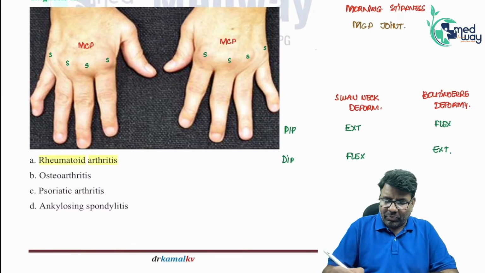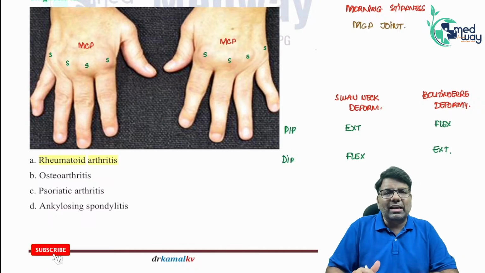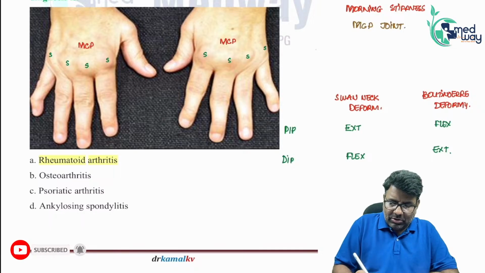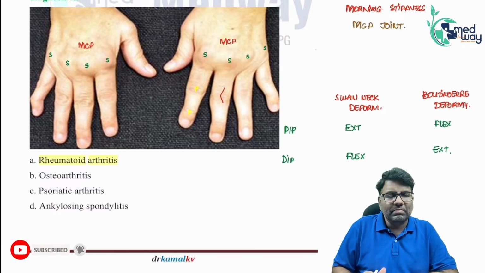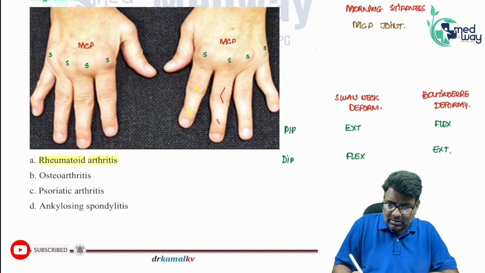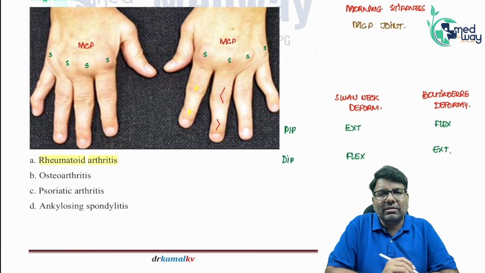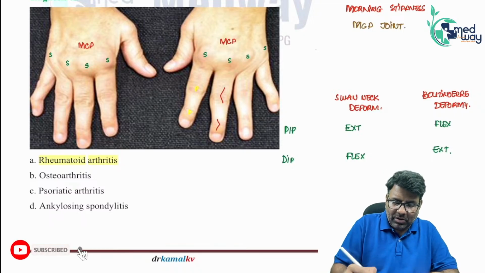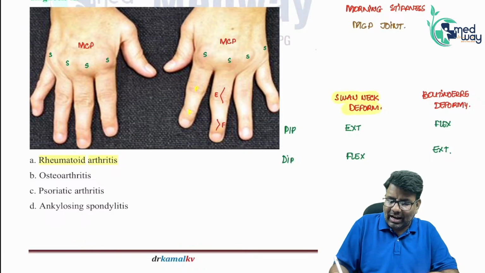So if we look into this particular clinical picture, let us see what is happening here, because this area is PIP and this area is DIP. What we can appreciate is there is extension or hyperextension at PIP and there is flexion at DIP. Taking these two together, this is extension, this is flexion, and this goes in favor of swan neck deformity.